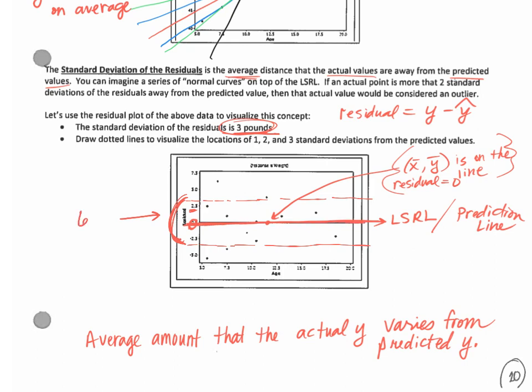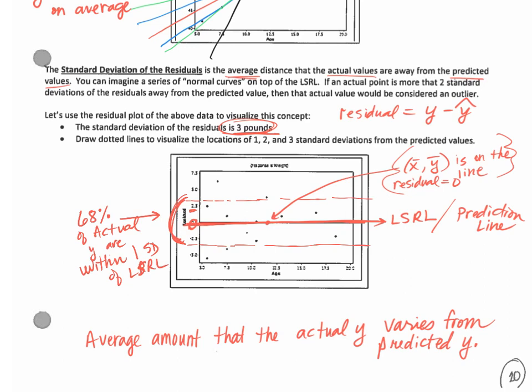Well, guess what? That is 68% of the actual y's are within 1 standard deviation of the prediction line, the LSRL, least squares regression line.